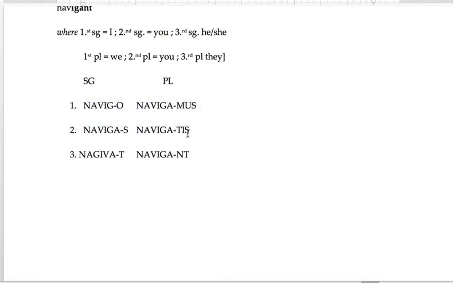The second person endings are all in the row labeled 2, and the third person endings are all in the row labeled 3. So with that information, you need to be able to combine the various parts of it and come up with the meaning. The one further thing you need to know is that the verb navigo means sail.